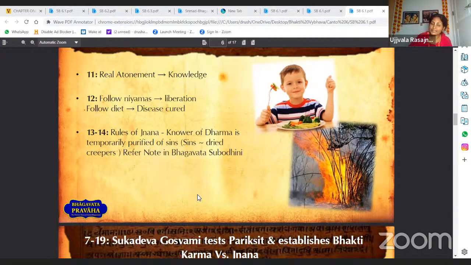So even when there is jnana, if they are not sheltered in the seva, there will be a possibility for sense gratification. They will fall down. That's one thing.